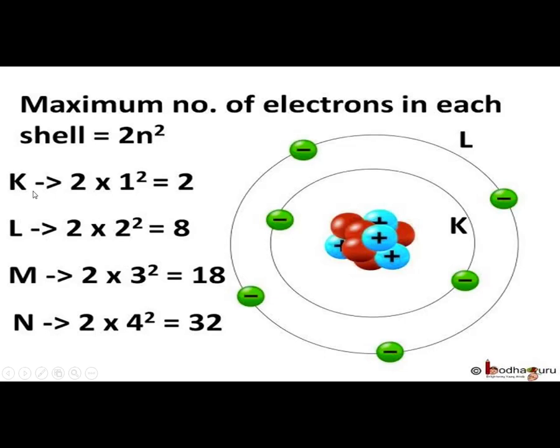K is the first shell, so this n denotes the number of that shell, first shell. Then we put 1 over here. 1 squared means 1, then 2 ones are 2, it is equal to 2. It means K can hold just 2 electrons.